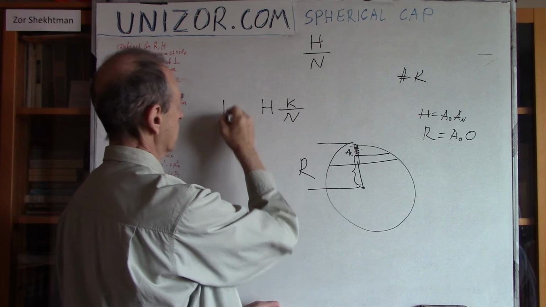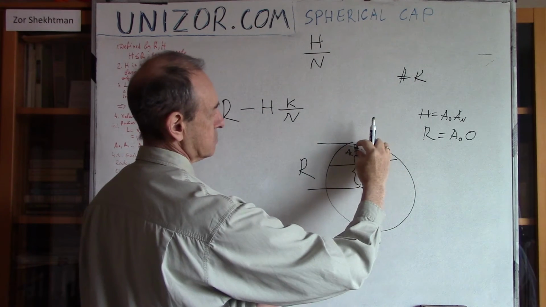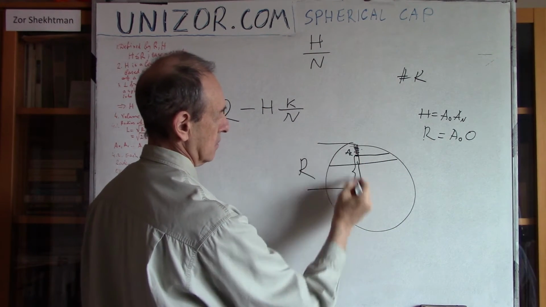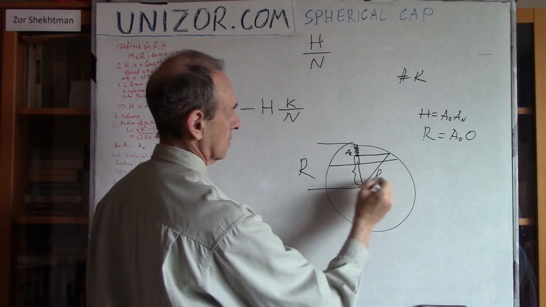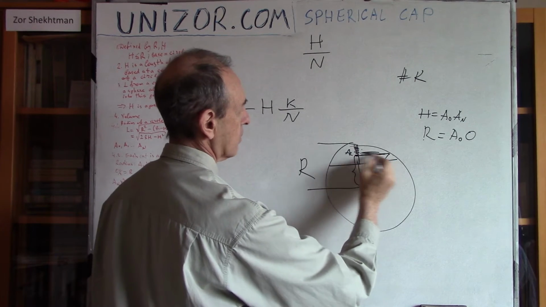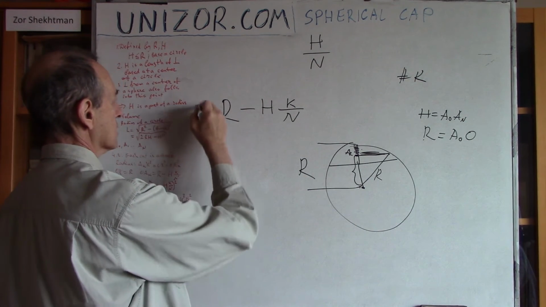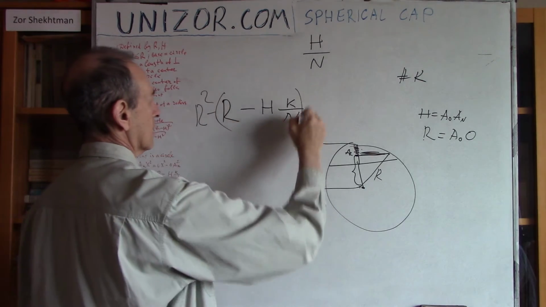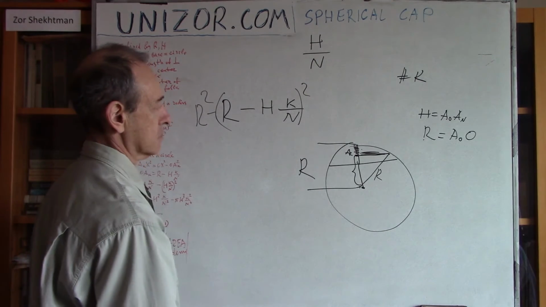So if I subtract it from R, that gives me this cathetus, and the hypotenuse is equal to R. So by the Pythagorean theorem I can calculate this. It would be R squared minus this square. That would be the square of this cathetus.